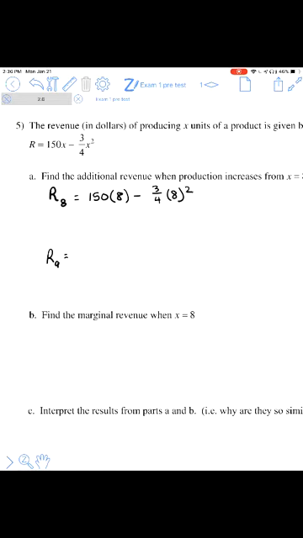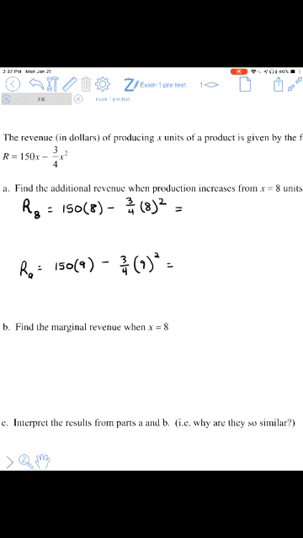The revenue at 9 units, same thing, just plug in a 9 into the function. So 150 times 8, and then 150 times 9. And then, well, let me get my calculator for this one.